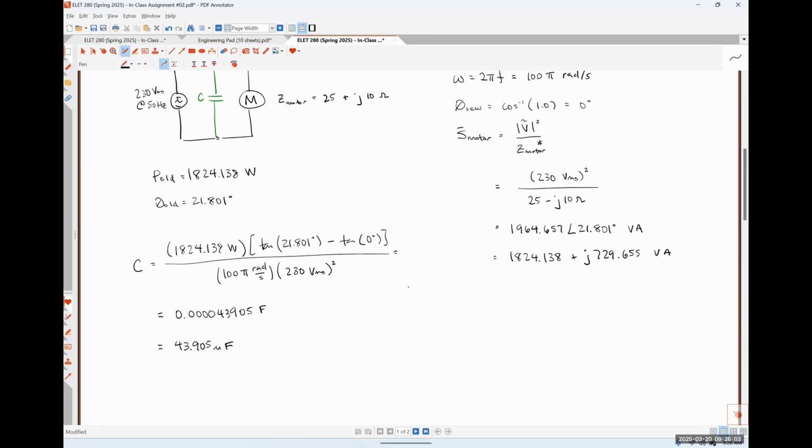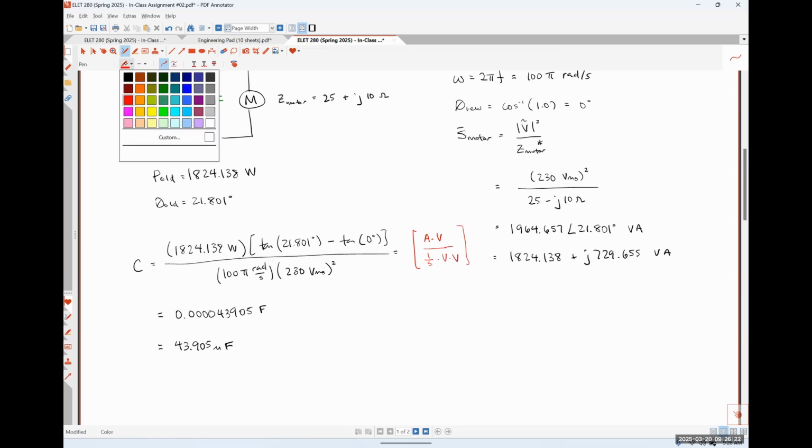So just looking at things dimensionally, we are going to have watts, which is amps times volts, divided by something that is in per seconds times volts, right? So this volt is going to cancel this volt. 1 over a second is the same thing as putting a second in the numerator. And so we have amp seconds per volts, which is a farad. Yeah.